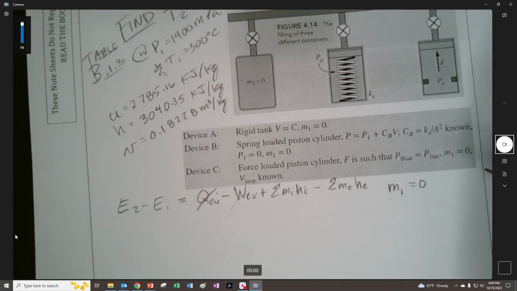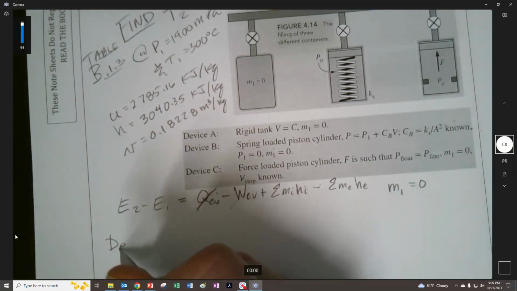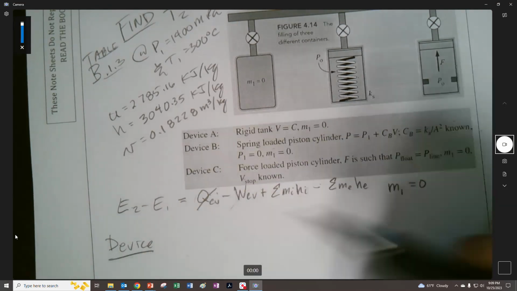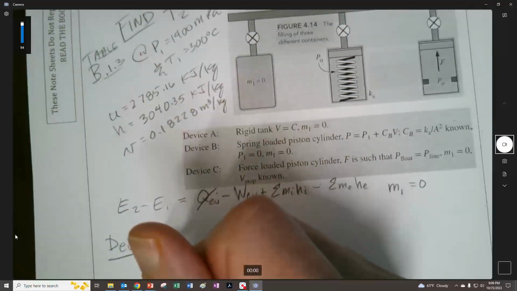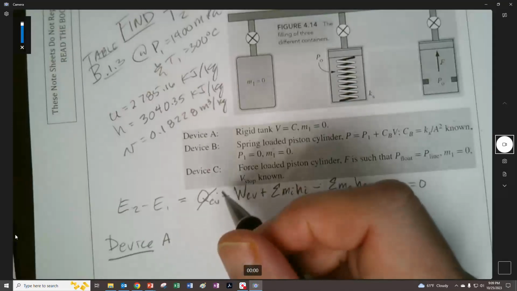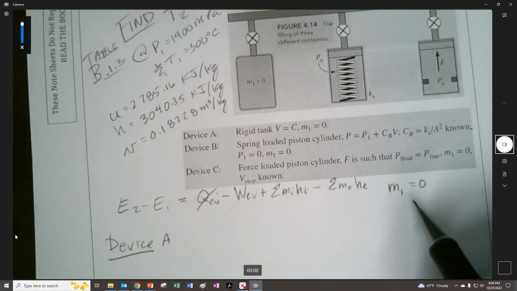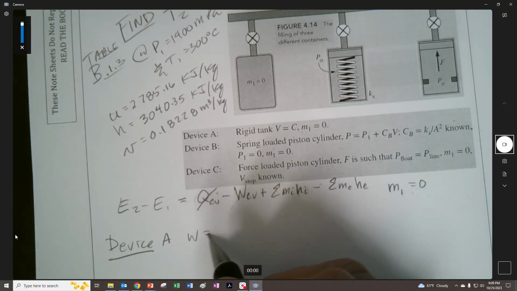What else do we have right here? Okay, I guess I'll just go device 1. And I might use more paper because it's going to be tough to cram everything in. So device A. In this case, we already said that that's true right here. And then we're going to say that the work was equal to 0.